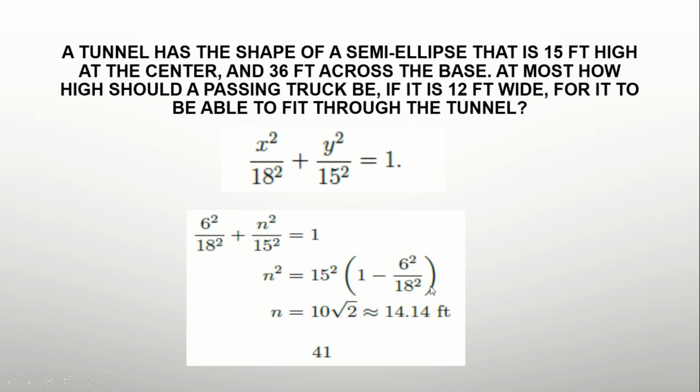If you try to solve, it becomes 10 square root of 2, because you extract the roots, and 10 square root of 2 is approximately 14.14 feet. So the truck can be at most about 14.14 feet high to fit through the tunnel, which is 15 feet high, which is lesser than the height of the tunnel.